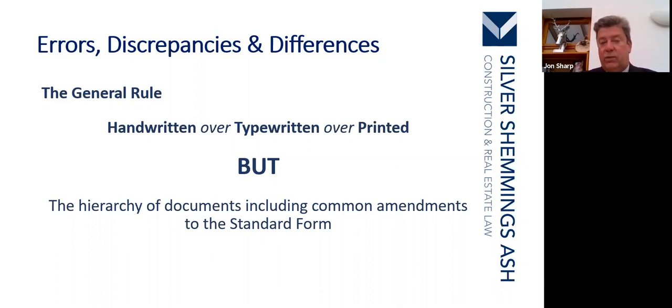And of course, the best way to do it is to typewrite your amendments onto a JCT contract, and then it's clear for everyone to see.